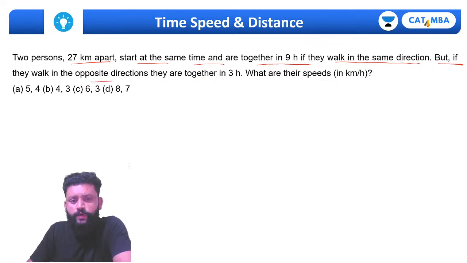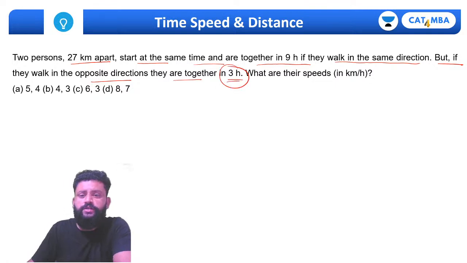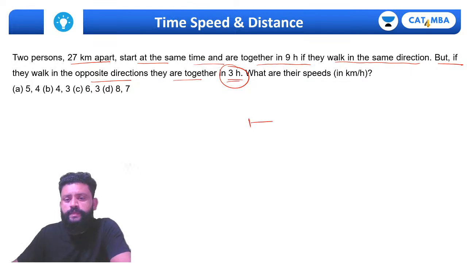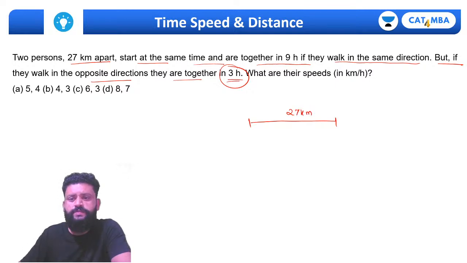But if they walk in the opposite direction, they are together in 3 hours. So what are the speeds? So simply you can say the two persons are 27 km apart, the speeds are in kilometers per hour.